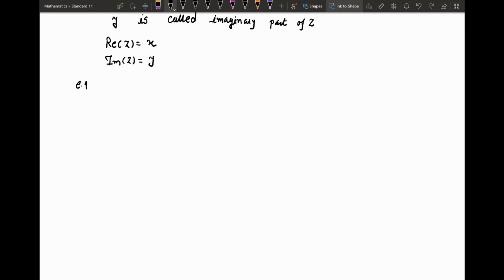For example, suppose we have the complex number 3 plus 4i. In this case, the real part of z is 3, and the imaginary part of z, that is the coefficient of i, is 4.